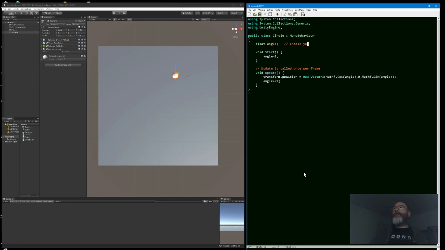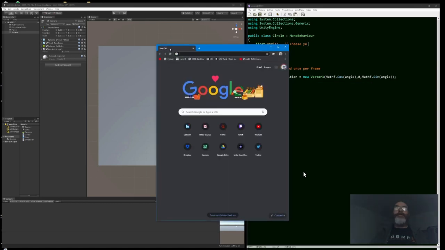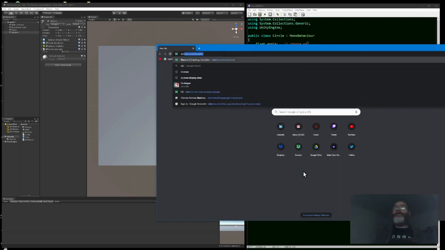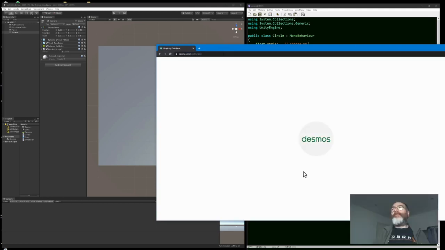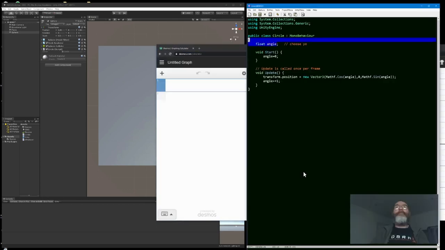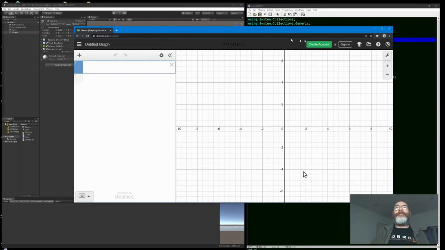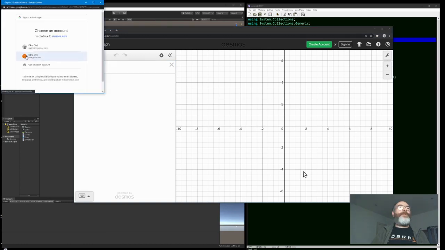I'll show you one reason why it's very nice to use radians in Desmos. If I get Desmos up here. Because everything has a reason. There's a reason why mathematicians like radians.